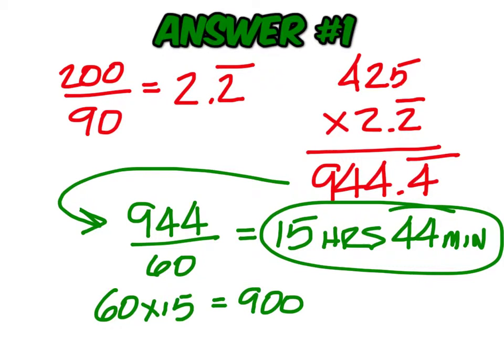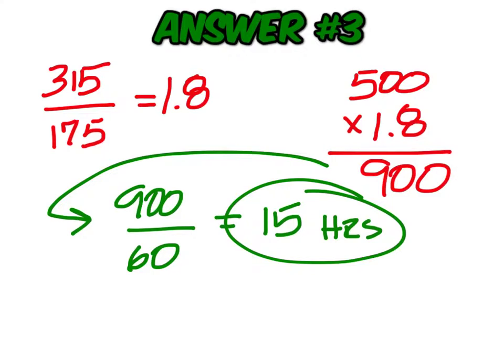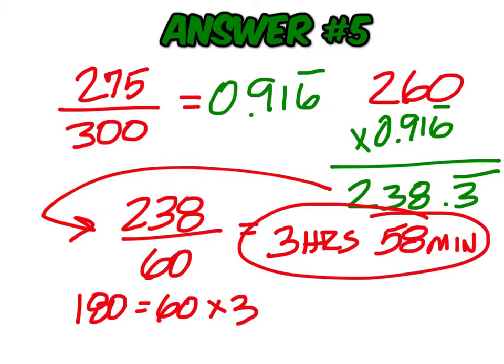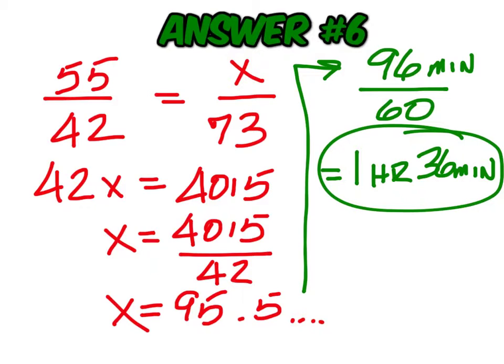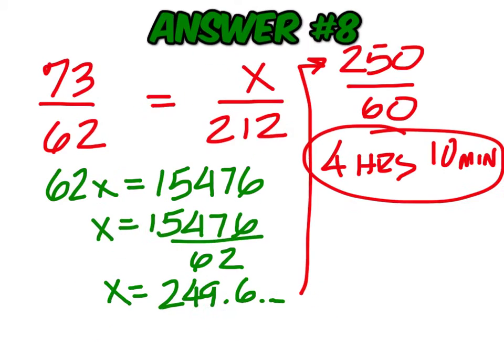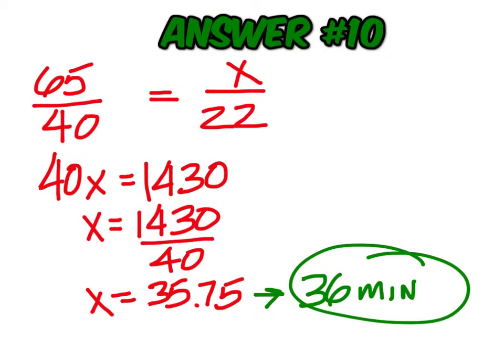Number 1 is 15 hours, 44 minutes. 2 is 8 hours, 23 minutes. 3 is 15 hours. 4 is 12 hours, 48 minutes. 5 is 3 hours, 58 minutes. 6 is 1 hour, 36 minutes. 7 is 57 minutes. 8 is 4 hours, 10 minutes. 9 is 1 hour, 52 minutes. 10 is 36 minutes.